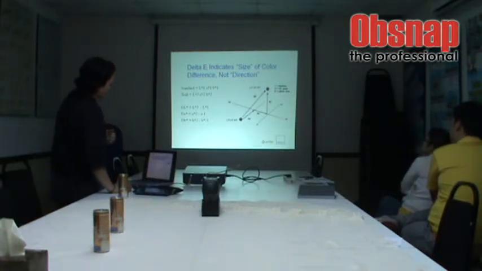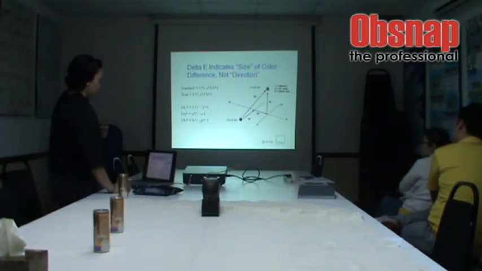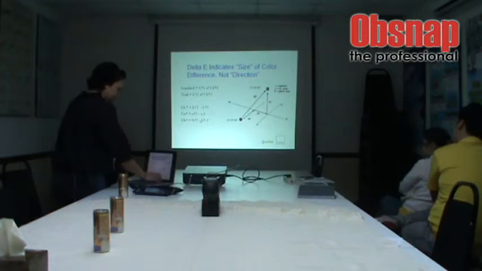This direct distance, we call it the DE, the overall color difference. That overall color difference comes from the difference in lightness, the difference in A, and the difference in B. So at least it's more precise.